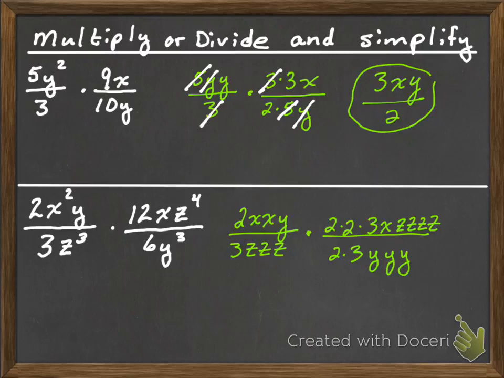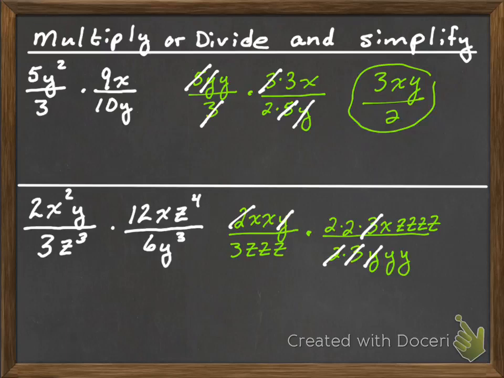So the 2 in the numerator cancels with 2 in the denominator. We have a couple of x's in the numerator, but there are no x's in the denominator, so we have to leave those alone. This y will cancel with one of these. This 3 will cancel.